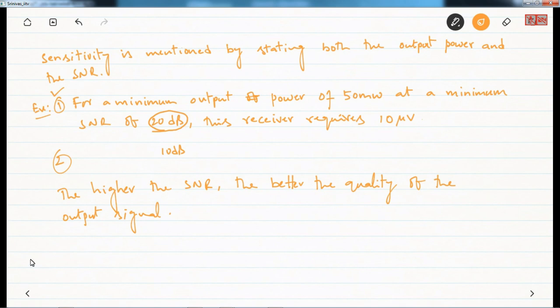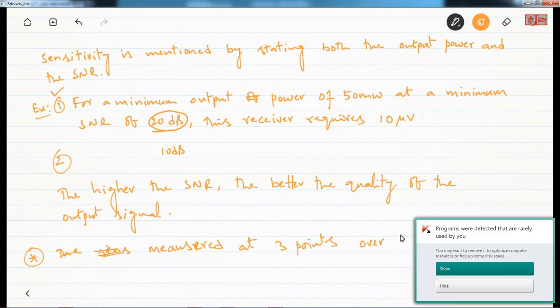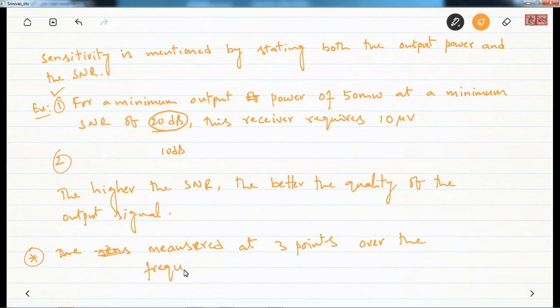Now another important thing is how the sensitivity is measured. Okay, let me not write the entire sentences, it is taking a lot of time. The sensitivity is measured at at least 3 points over the frequency range of interest.